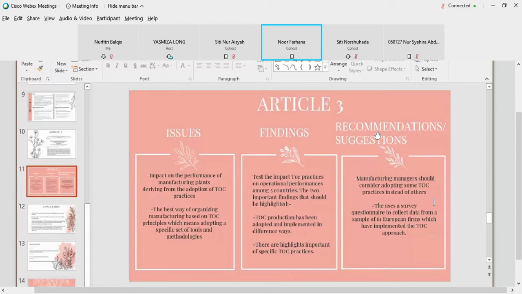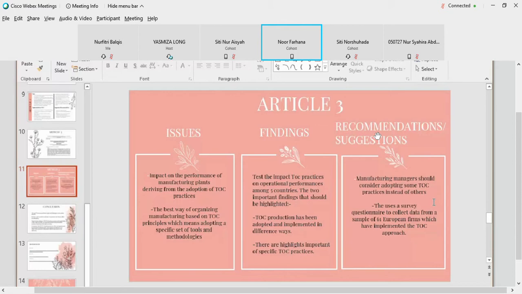The second one, the authors used a survey questionnaire to collect data from a sample of 61 European firms which have implemented the TOC approach. The data was collected from 61 manufacturing plants located in Spain, United Kingdom, Germany, and so on.